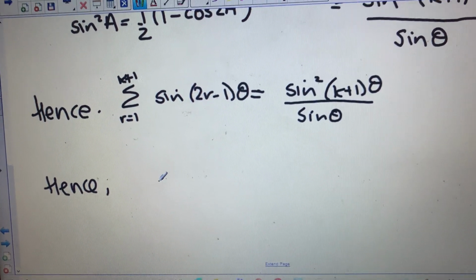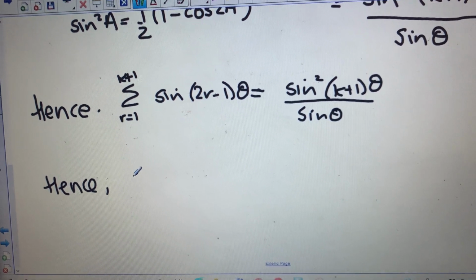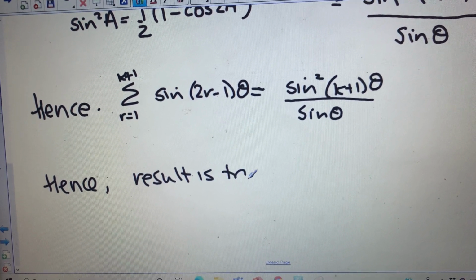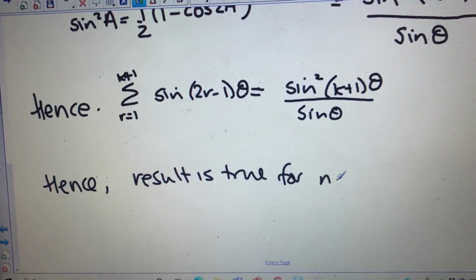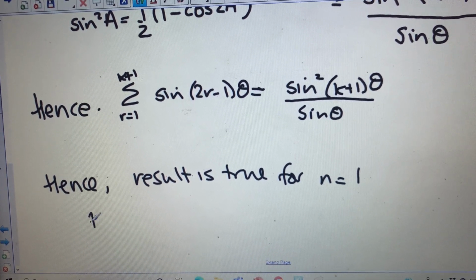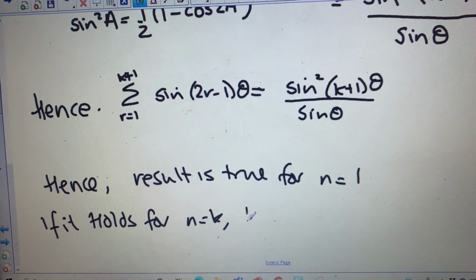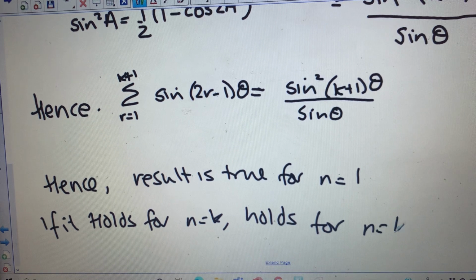it holds, so our result is true for n equals 1. It holds, so if it holds for n equals k, it holds for n equals k plus 1.